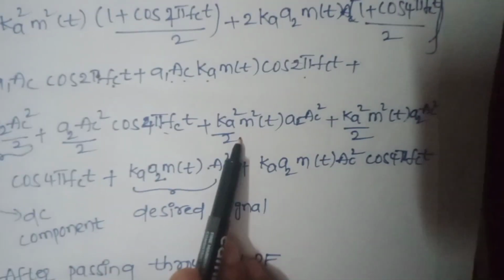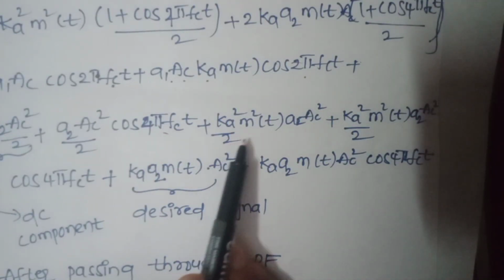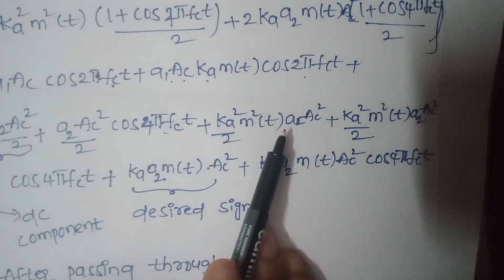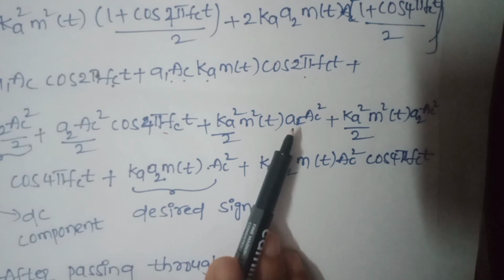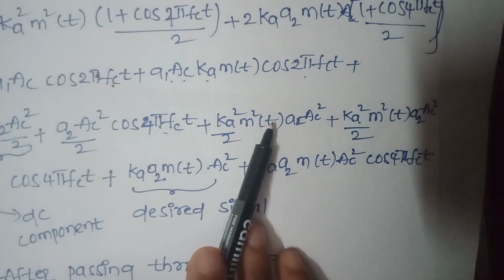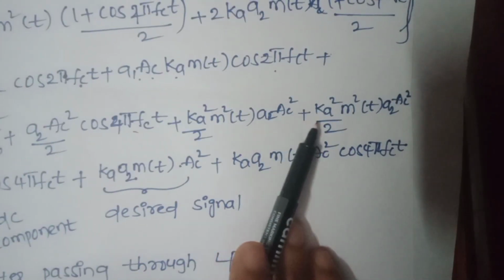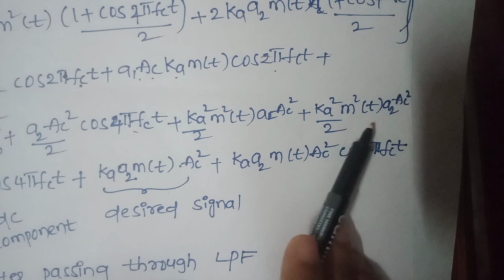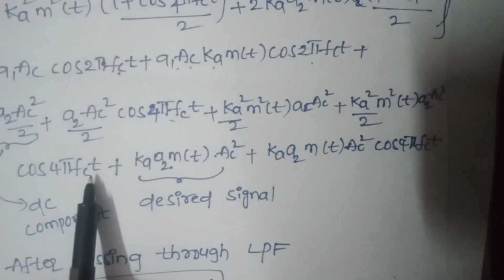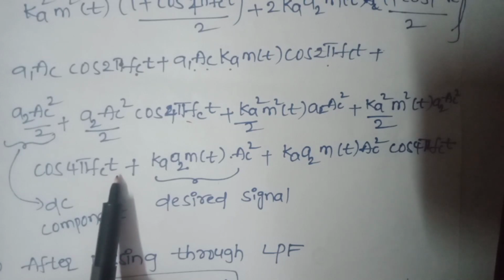Okay, next coming to ka²/2 m²(t) a2 ac². This will be allowed by our LPF, but we have some distortion at the output, so that's why this will be rejected. Okay, next ka²/2 m²(t) a2 ac² cos 4πfct. This is also not allowed by our LPF.